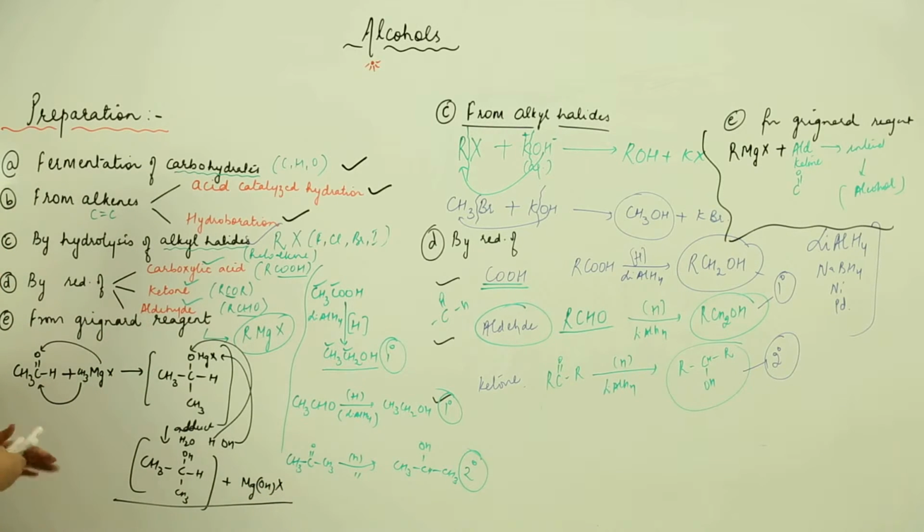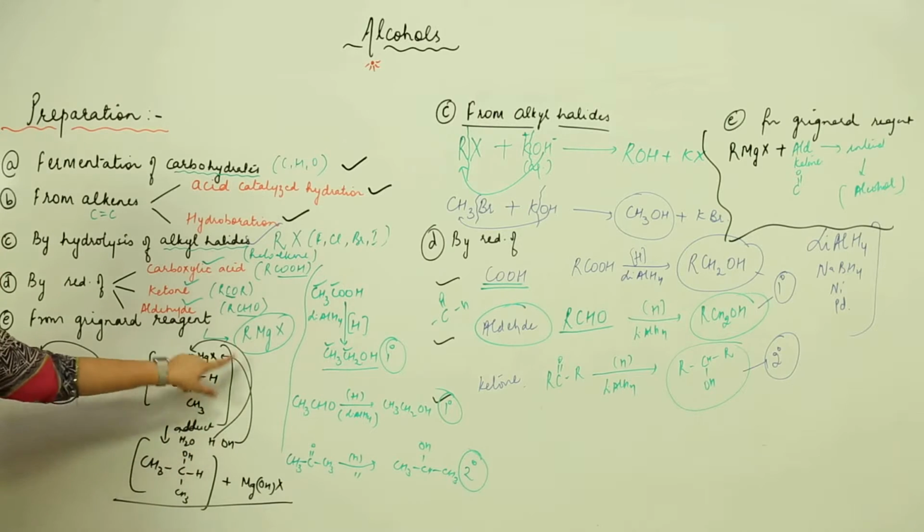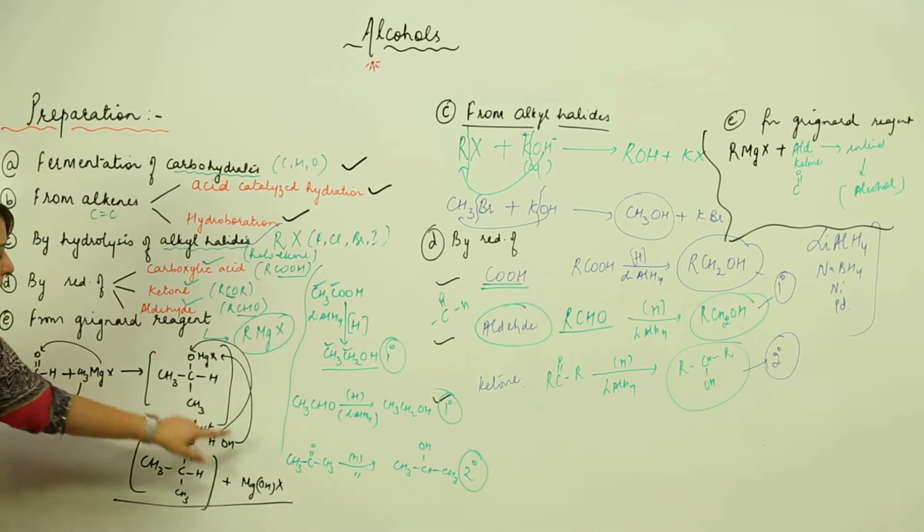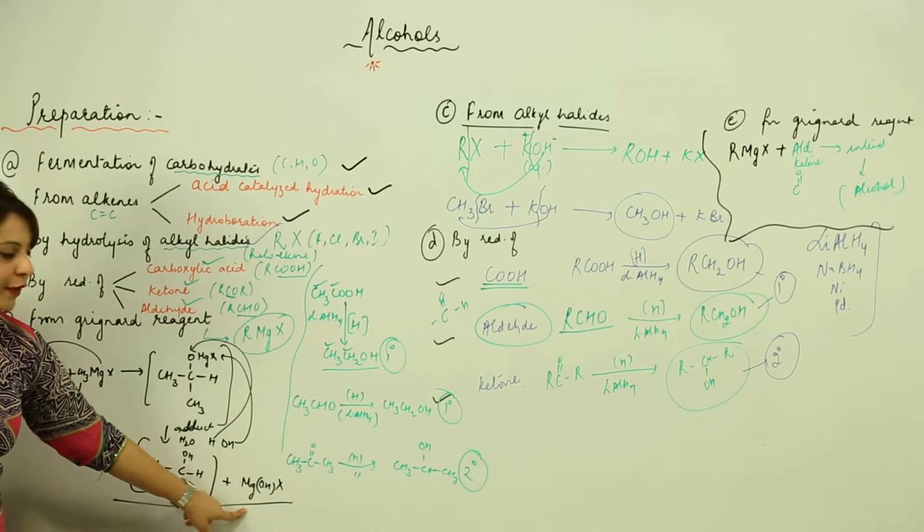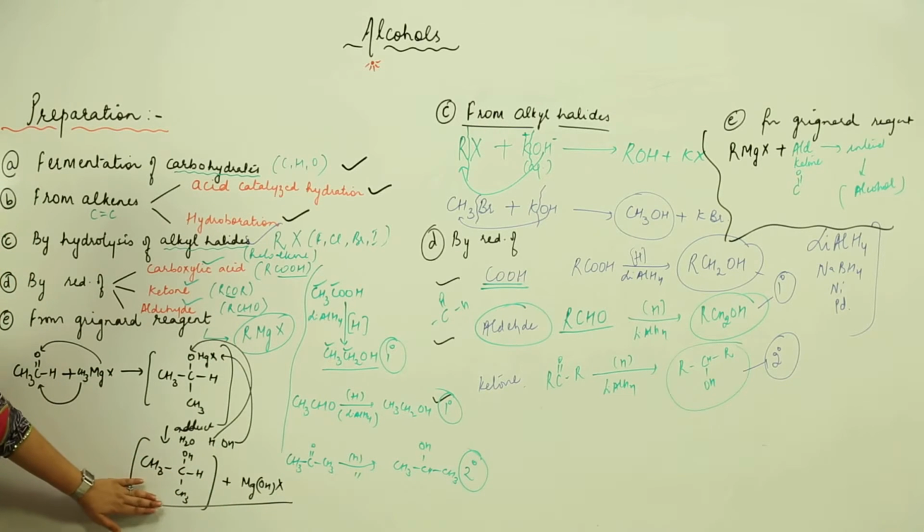So what we did actually, we took an aldehyde, we added the Grignard reagent, this MgX part attached to the O, the bond becomes single, and this CH3, that is the R, attached to this carbon. This became an addition product, that is the adduct. Because it is an unstable intermediate compound, it will break off, but for this hydrolysis we need to add water. So we added water, that is H and OH, H gets attached to the O, that means it displaces MgX, and as a result MgX combines with OH to form MgOHX. So this is our alcohol.